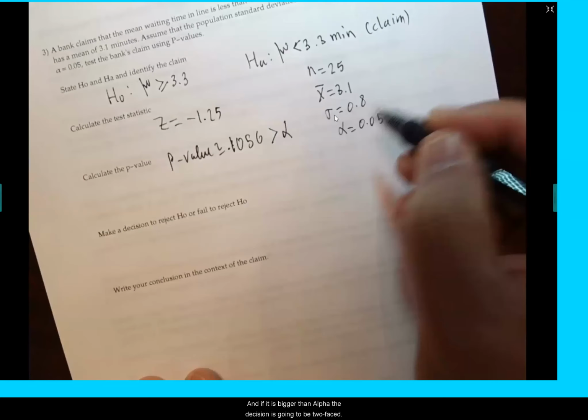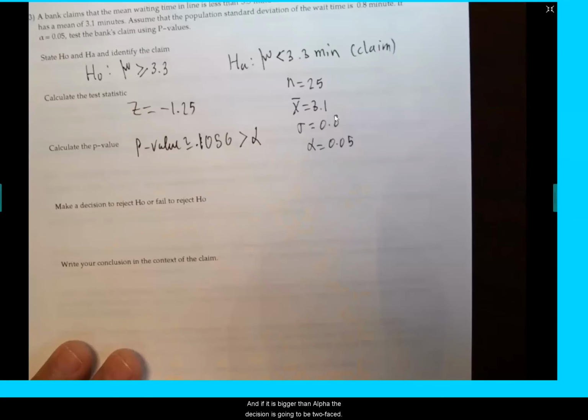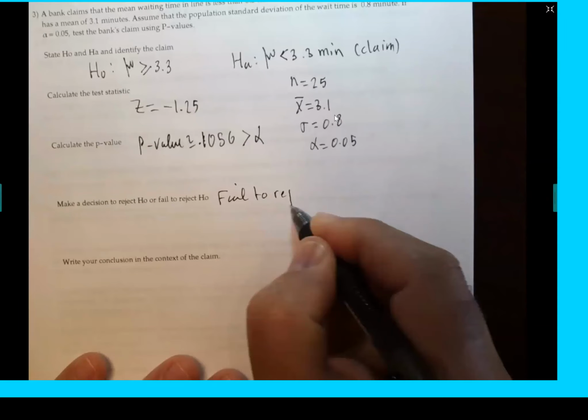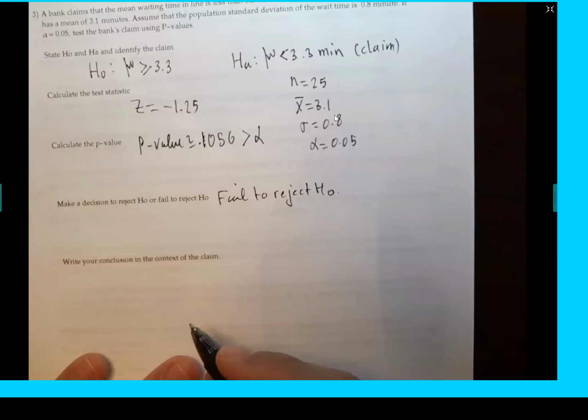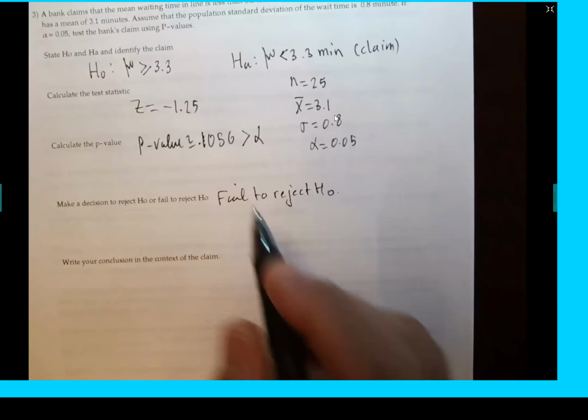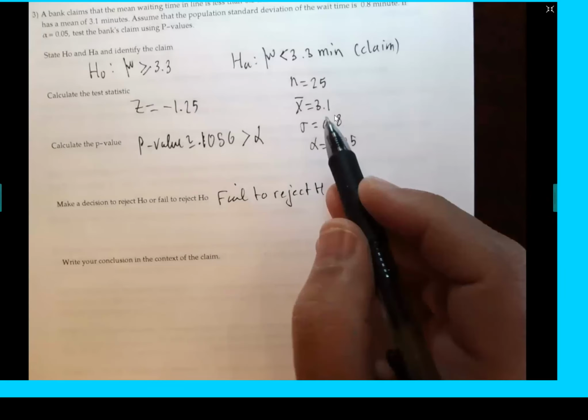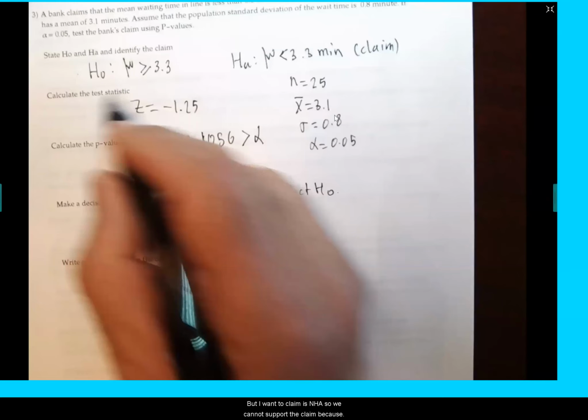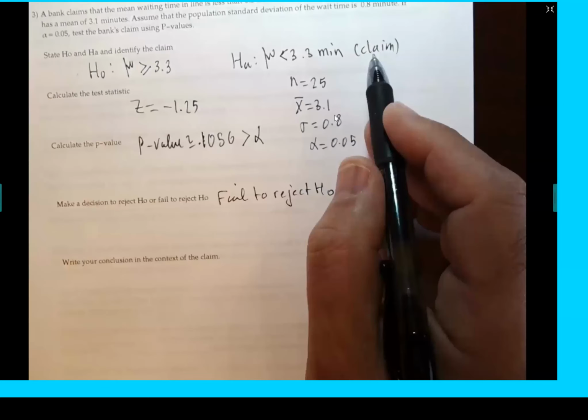And if it is bigger than alpha, the decision is going to be to fail to reject H0. So what's the conclusion? We fail to reject H0, but our claim is in HA, so we cannot support the claim because we fail to reject H0. If we were able to reject H0, then we support the claim.